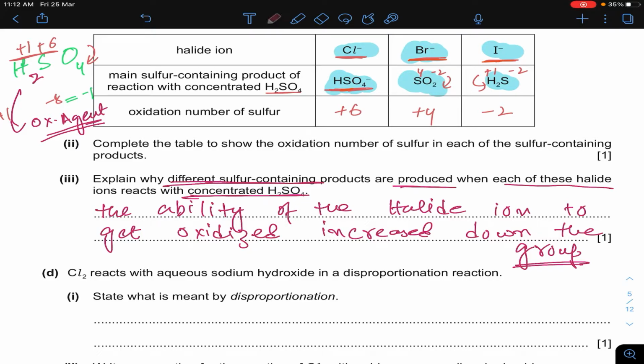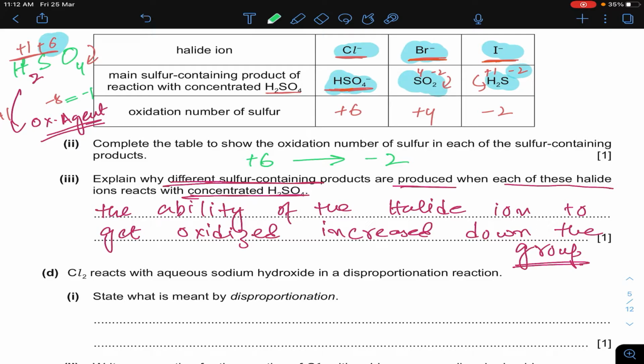And the evidence for this is that in H2SO4, the oxidation state of sulfur was +6. And when it reacts with iodide ion, it converts into hydrogen sulfide and the oxidation state is -2. So the oxidation state changes all the way from +6 to -2. There is a difference of 8, right?